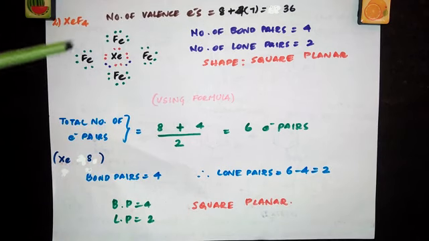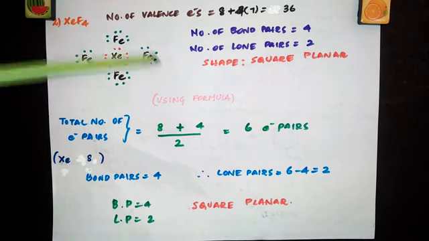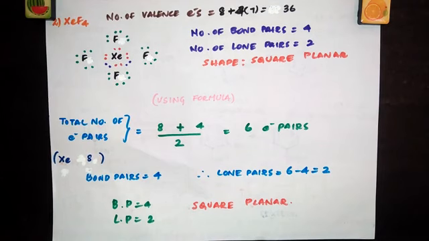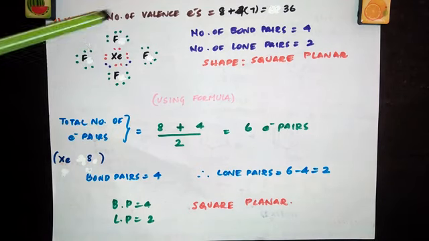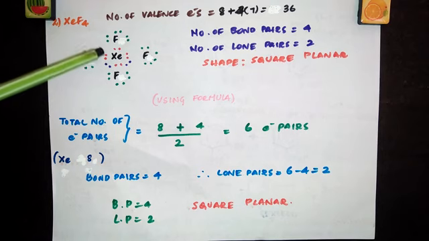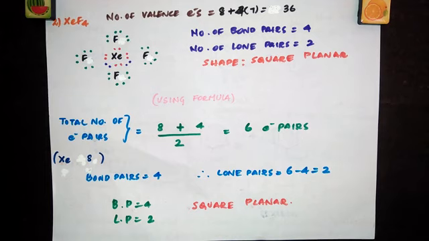The next step is to complete the octet for fluorine. After completing the octet for fluorine, you have 4 fluorines, so 4 8s are 32. Now check the octet for xenon. See, we have 1, 2, 3, 4, 5, 6, 7, 8. So the octet is complete for xenon.